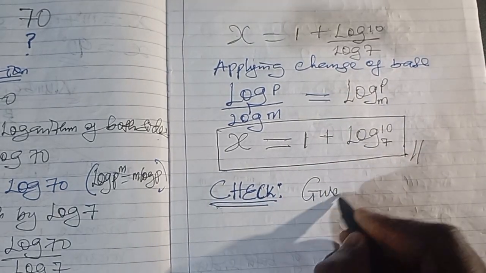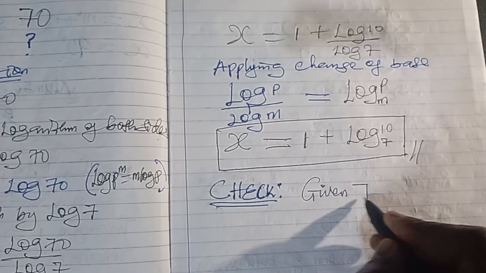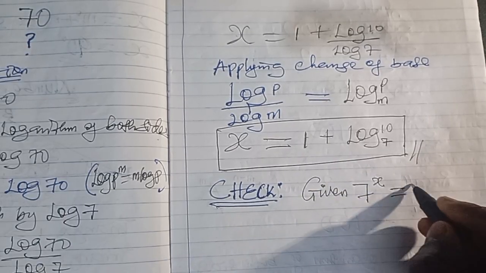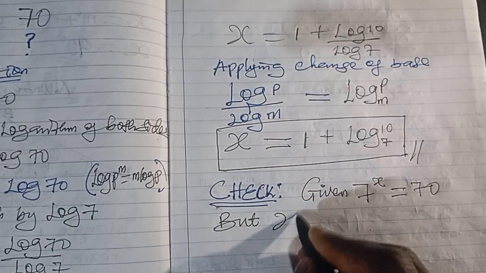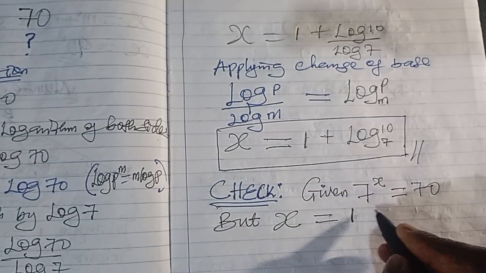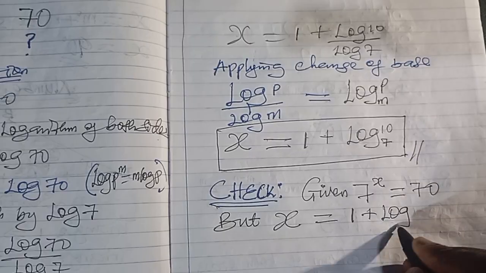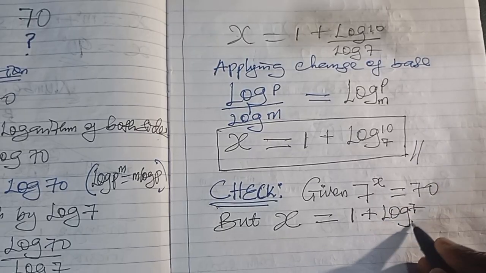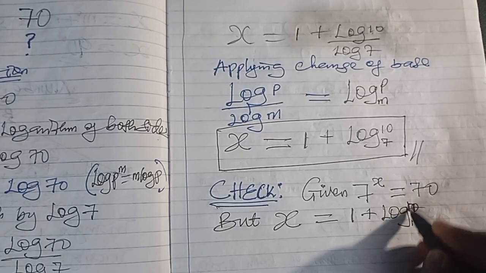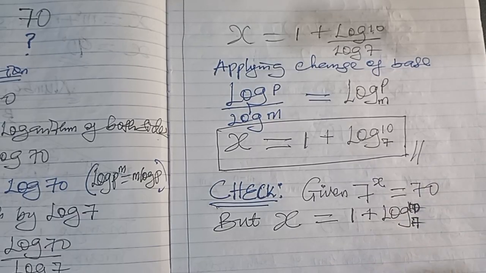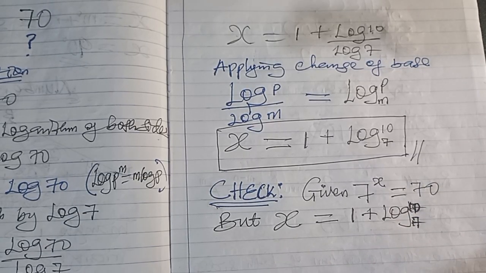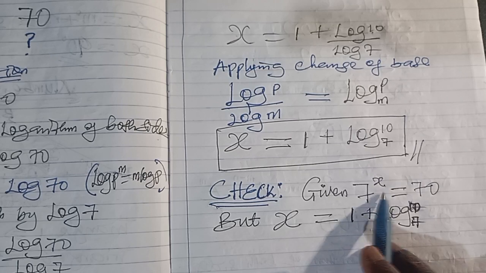Given 7 raised to power x as 70, but the value of our x is equal to 1 plus log 10 base 7. We are going to substitute this value of x over here.